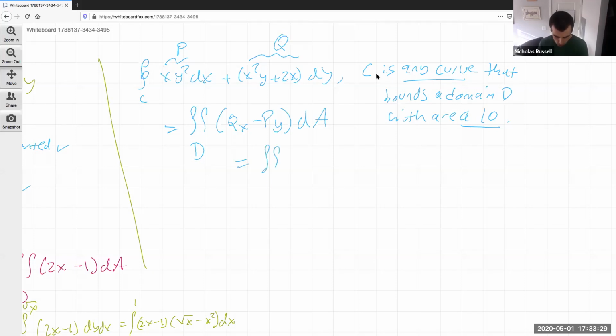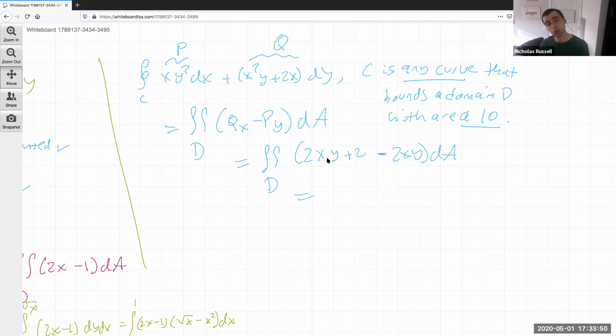Now, what is Qx here? Qx here is going to be 2xy plus 2. That's Qx, right? I take the 2 down. And then I subtract from it Py, which is going to be 2xy, dA.